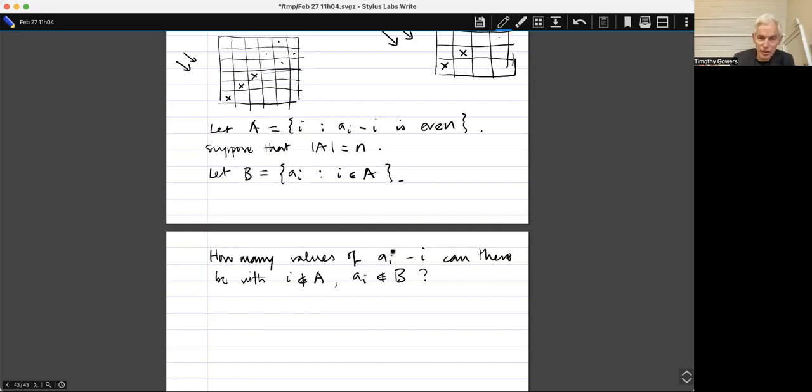Sorry, I didn't mean to say a_i minus i because I haven't yet chosen that. So perhaps it's slightly clearer to say y minus x with x not in A and y not in B. Oh, and also, crucial extra detail, y minus x odd.